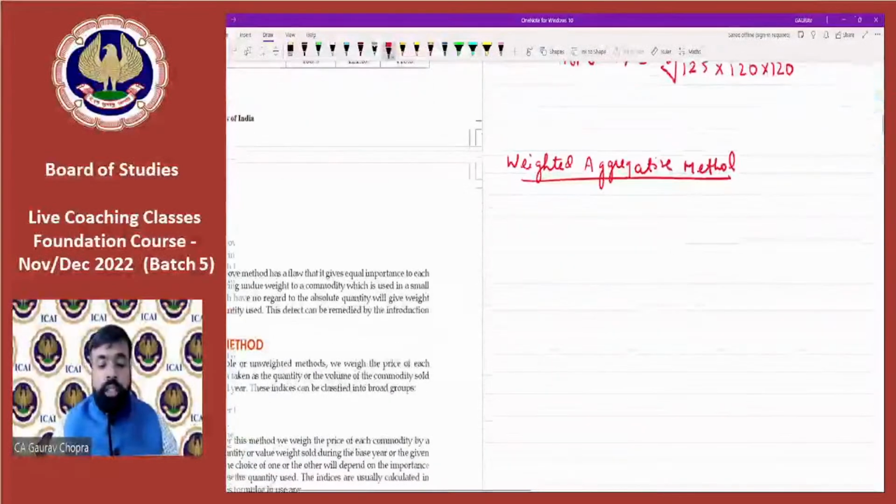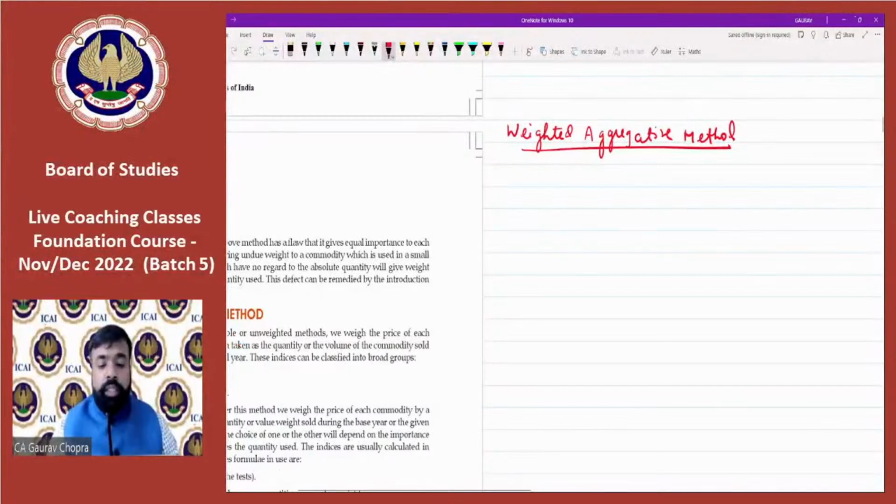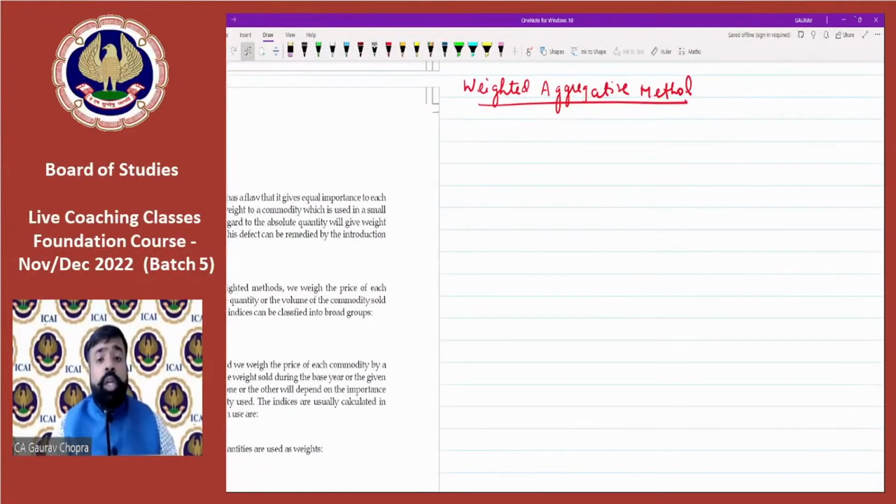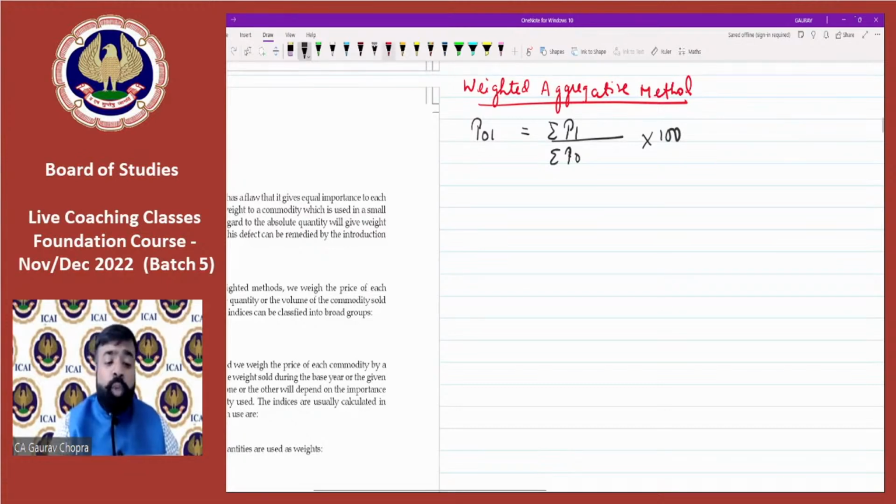So now the next one is weighted aggregative method. Weighted aggregative method means we have to assign some weight. So till now, the basic formula was sigma P1 upon sigma P0 into 100. But now we have to assign weight.